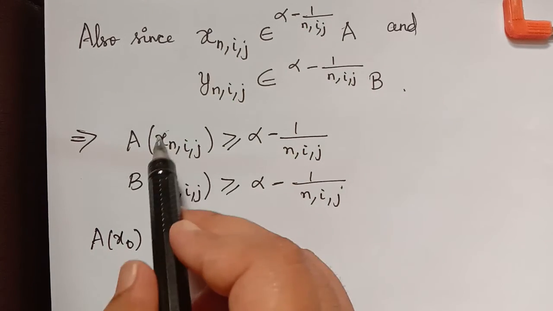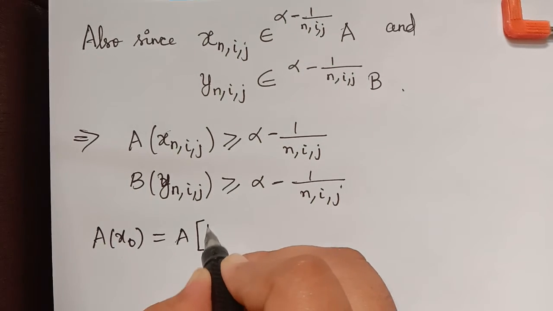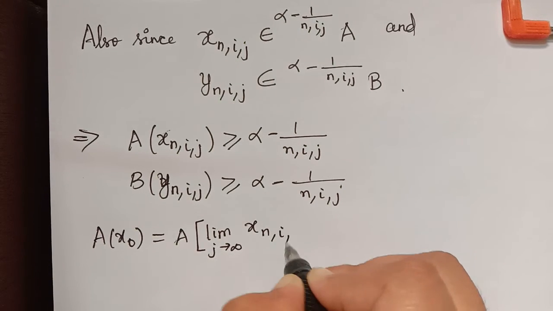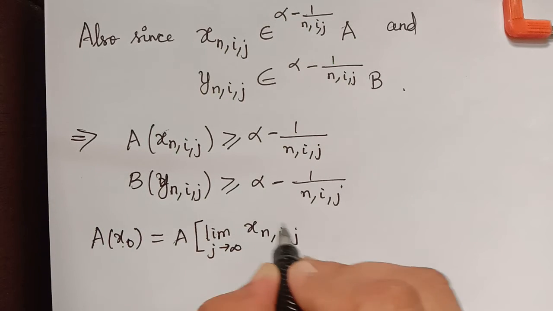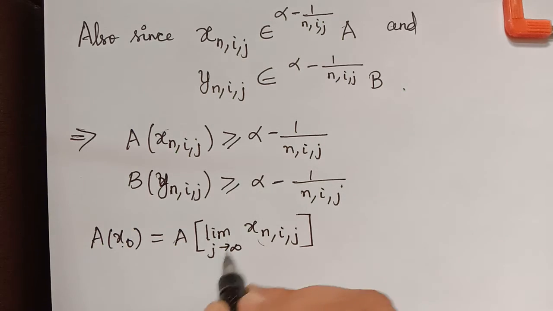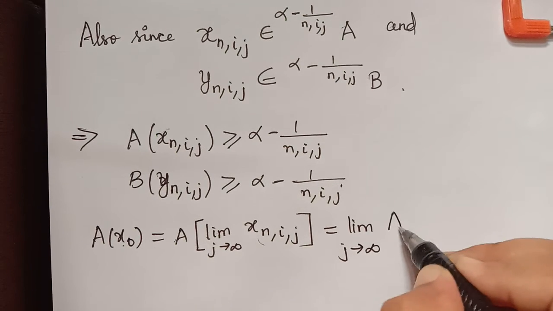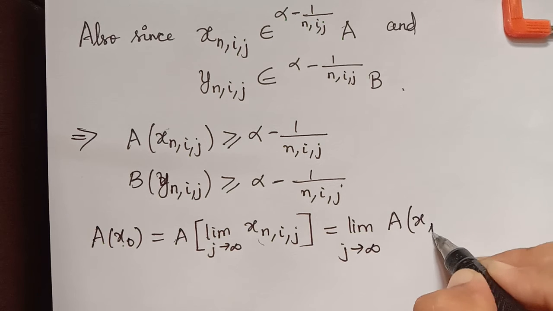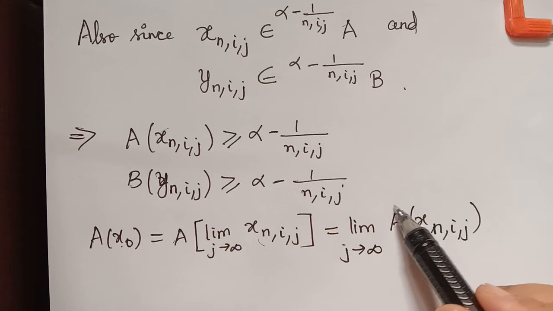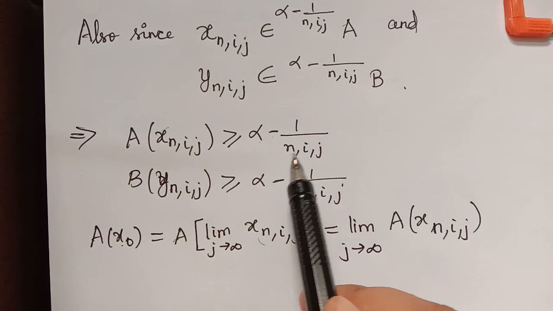The limit of this. So a of x0 is equal to, this x0 can be written as a of limit j tending to infinity x n comma I comma j, because we know that x0 is the limit of this. Now this limit can be taken out. So limit j tending to infinity, and this can be written as a of x n comma I comma j. But what is a of x n comma I comma j? It is greater than or equal to alpha minus 1 by n comma I comma j.